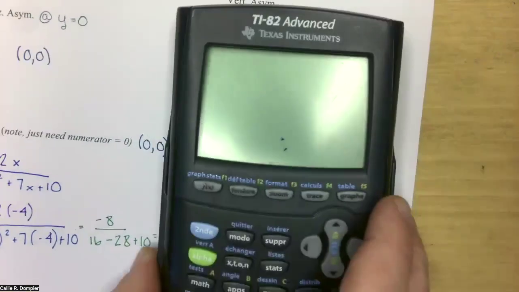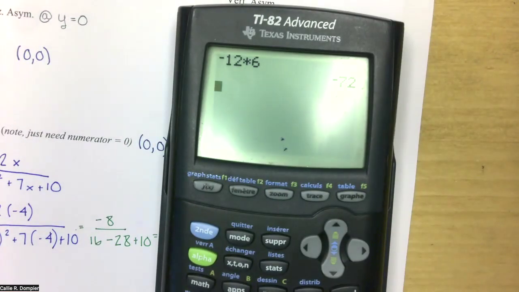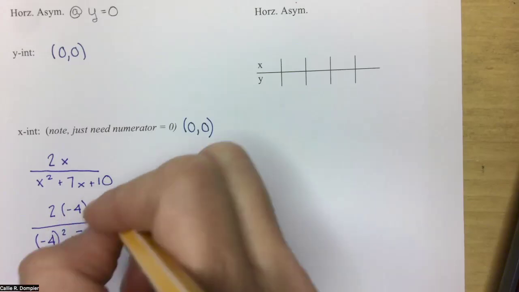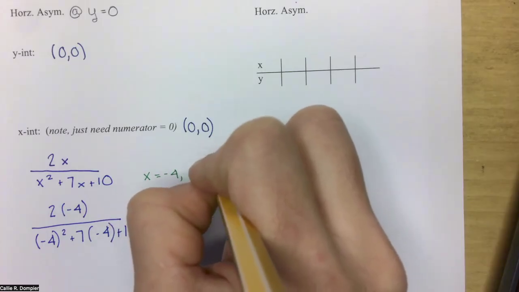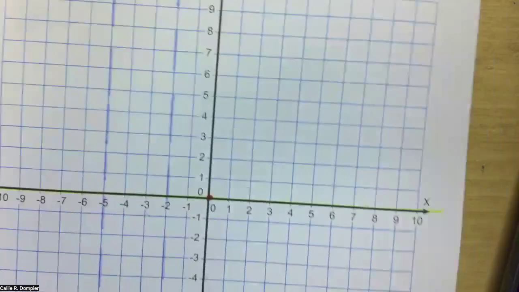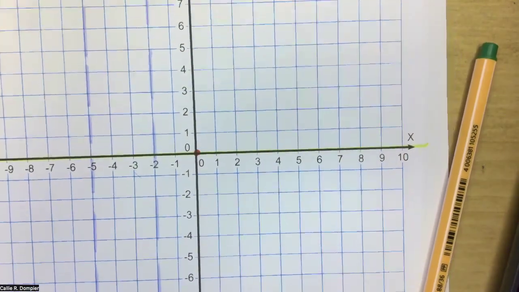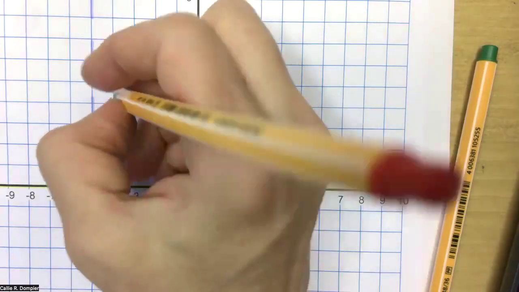So that's 16 minus 28 plus 10, which is -2, and -8 over -2 is 4. So when x is -4, y equals 4. We know that's a point on the graph: (-4, 4).